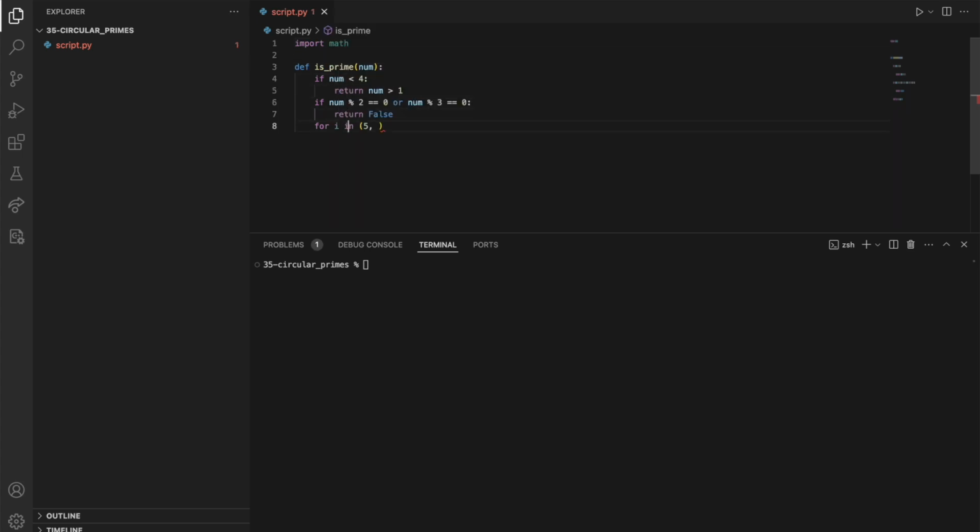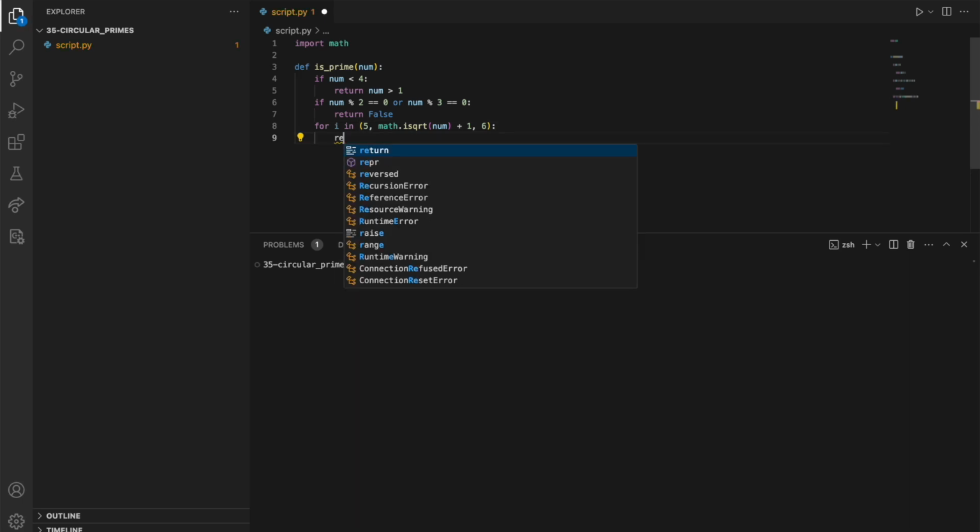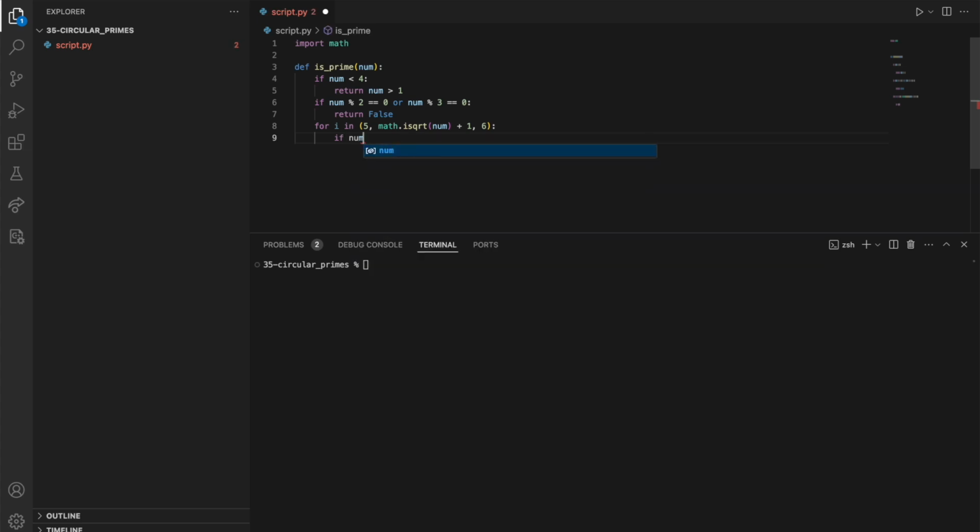of all the way up to 1 plus the floor square root of the number, which is denoted by I square root here. Because I square root is the floor square root, and then we add 1. And the step is going to be 6. And then we're going to check if the number is divisible by I, which is going to represent the 5 mod 6, because it's starting at 5, and then we're going to increment by 6.